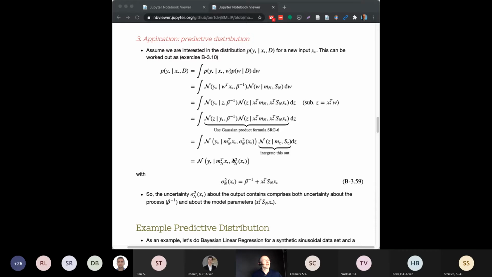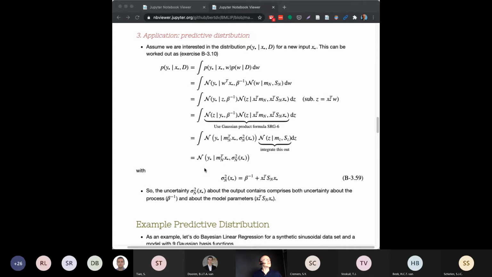The nice thing is there is an analytical answer, right? And you see, for instance, that what you get is the probability distribution for Y given a new input. There's of course a mean, but there's also some uncertainty about Y.